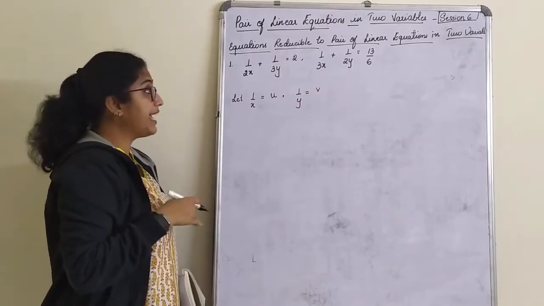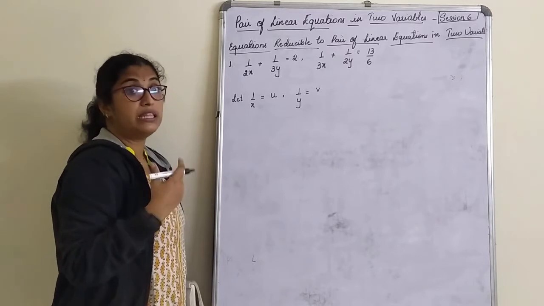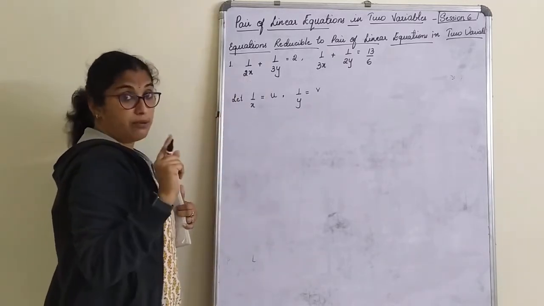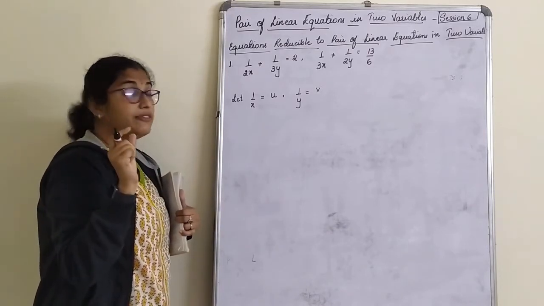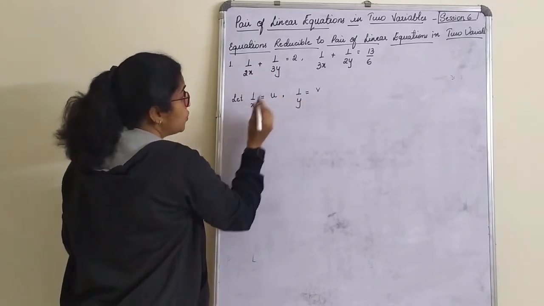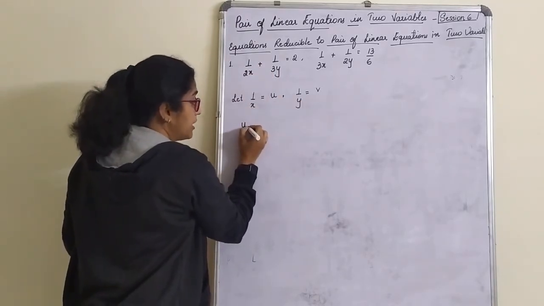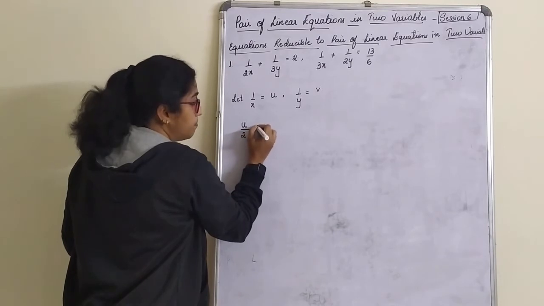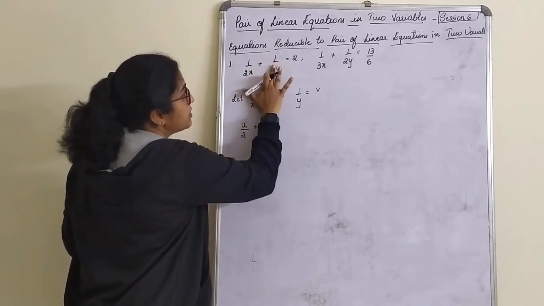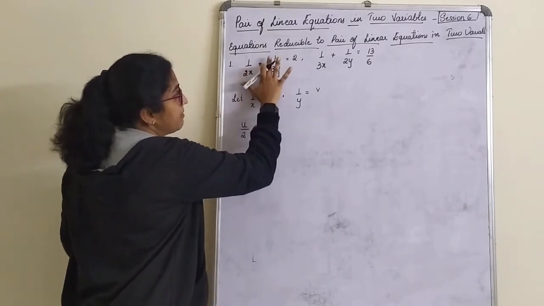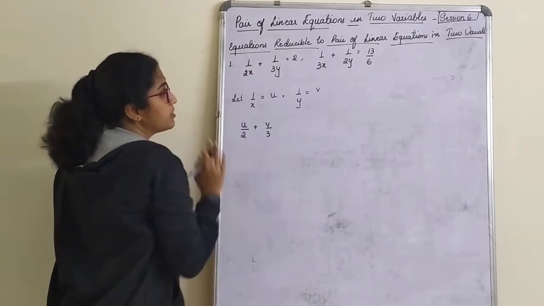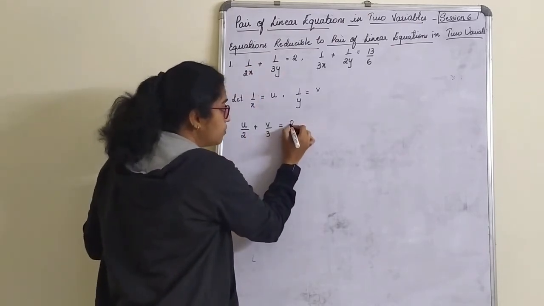Now wherever we have x and y in terms of 1 upon, let us substitute. In this equation, 2 will remain in the denominator only. We are only bothered about variables. 1 by x is u, so the first equation will be u upon 2 plus v upon 3, because if I close this, what will remain? 1 by y, that is v. If I close this, it will remain 1 by x, which is nothing but u, is equal to 2.